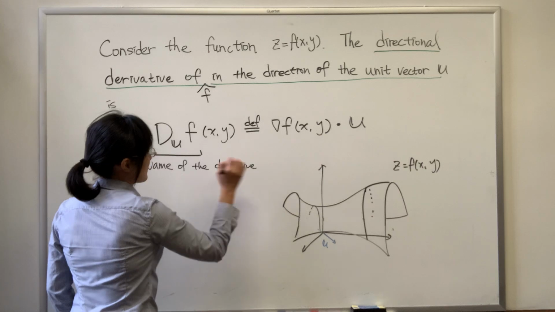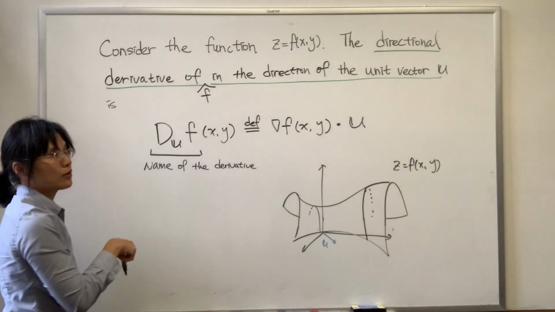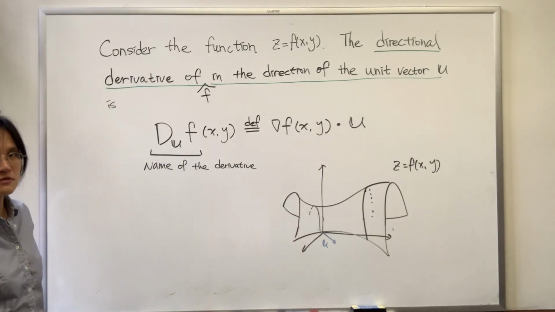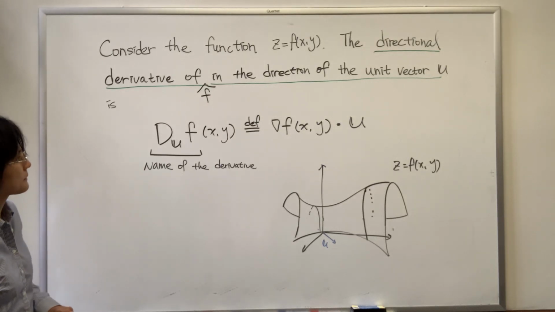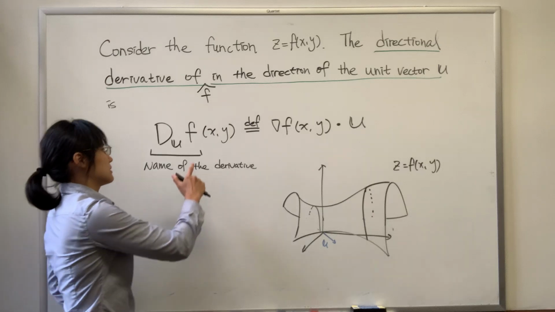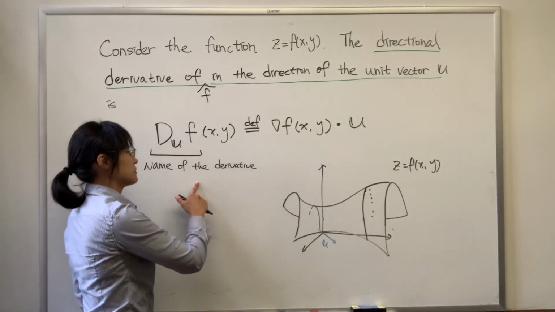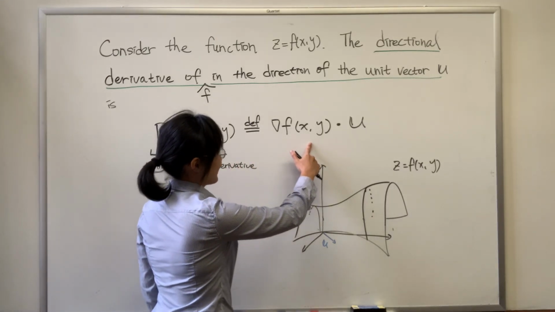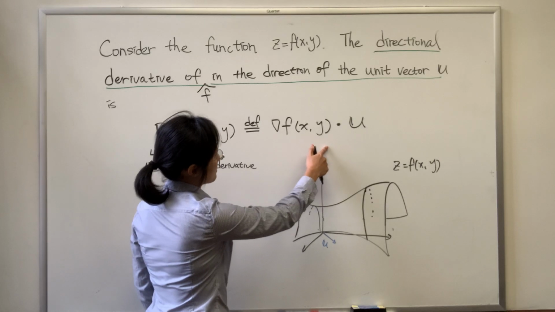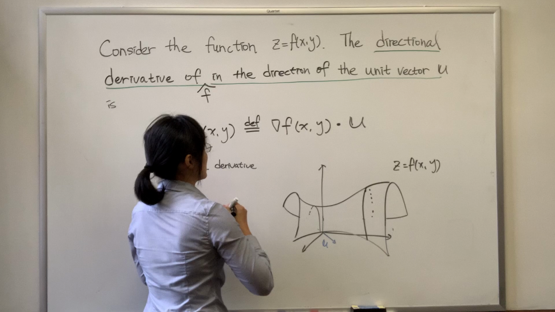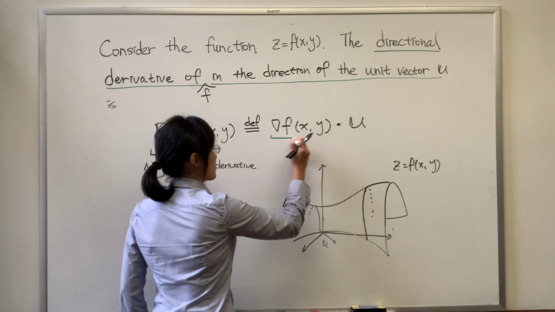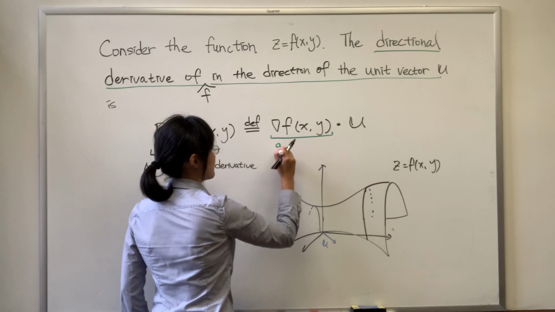Just like in calc 1, we write f prime of x as a derivative of the function, right? And the directional derivative can be obtained or defined through this formula. First of all, remember when we have a function, we can talk about the gradient.